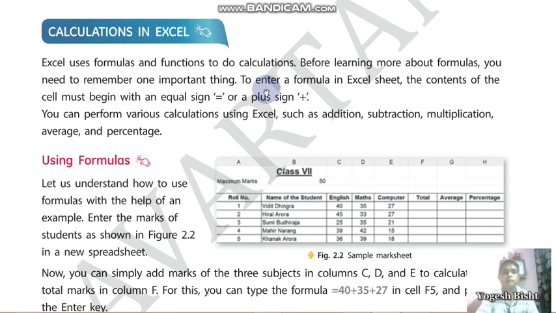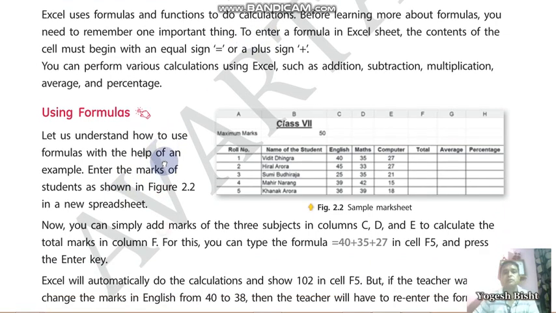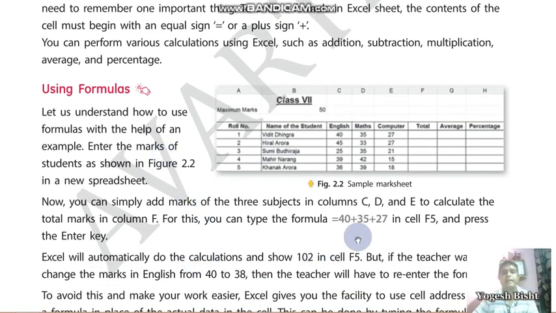So there are two different methods of using calculation in MS Excel. First of all, using a formula, let us see if we are adding the values in C, D and E, what would we write? On the total portion we are writing equals 40 plus 35 plus 27.